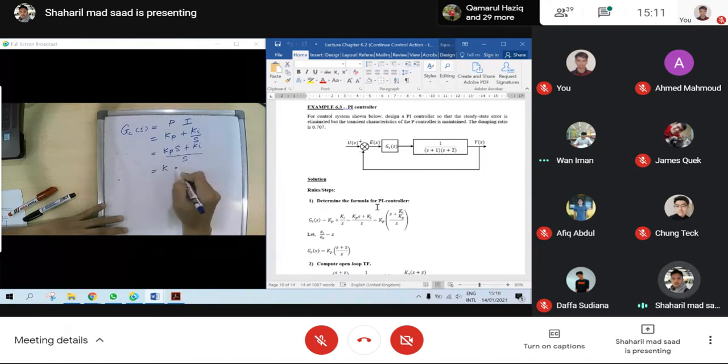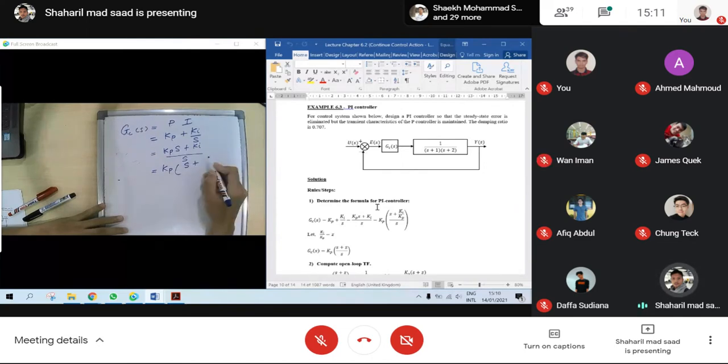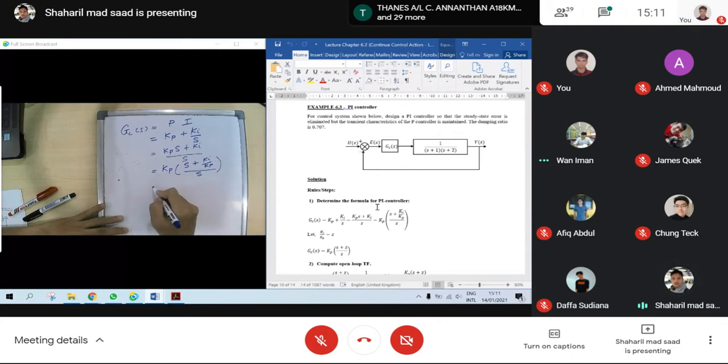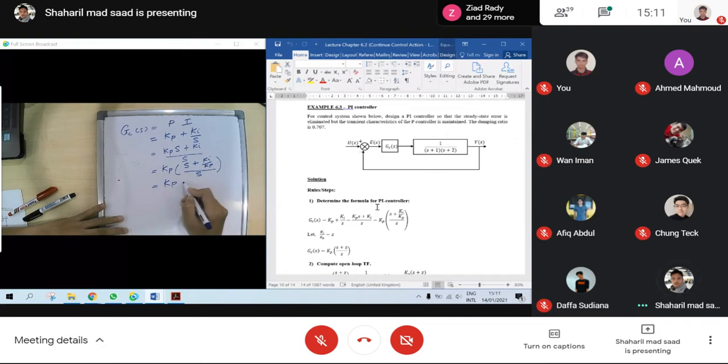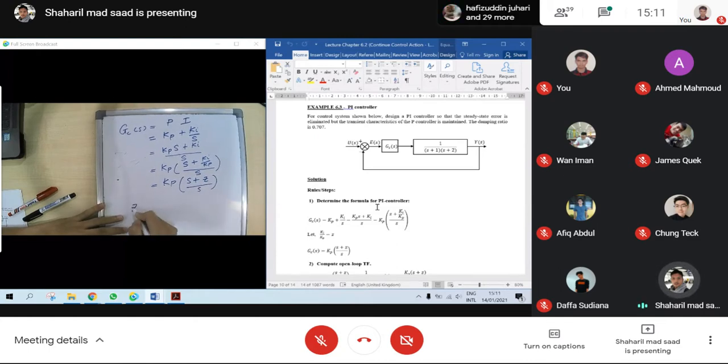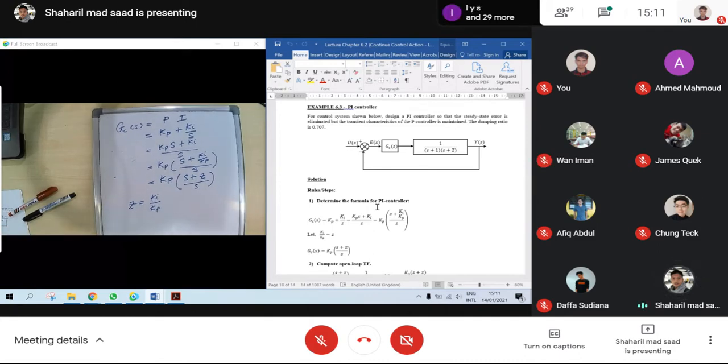Then you can bring the Kp outside: Kp times S plus Ki over Kp, over S. Alright, then let's make Ki over Kp a single value. For example, I put it as Z, where Z is equal to Ki over Kp.